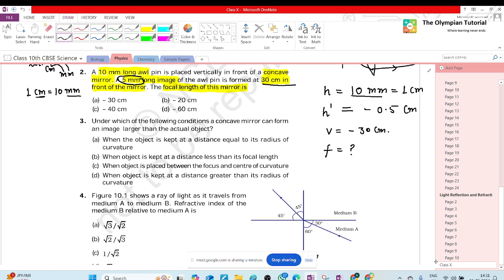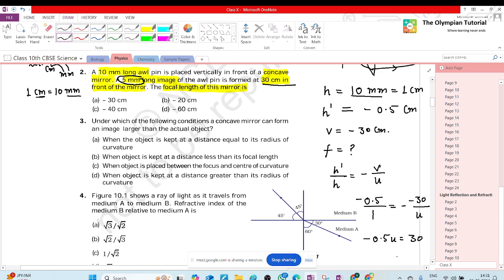Using h dash by h is equal to minus v by u. What is the value of h dash? h dash is minus 0.5, upon 1, is equal to minus of minus 30 upon u. So it will become minus 0.5 u is equal to 30.